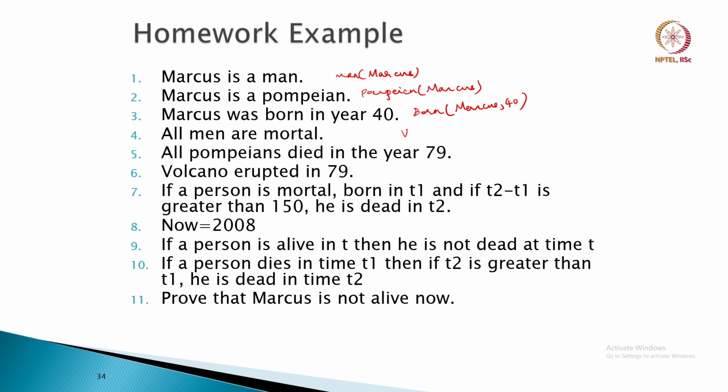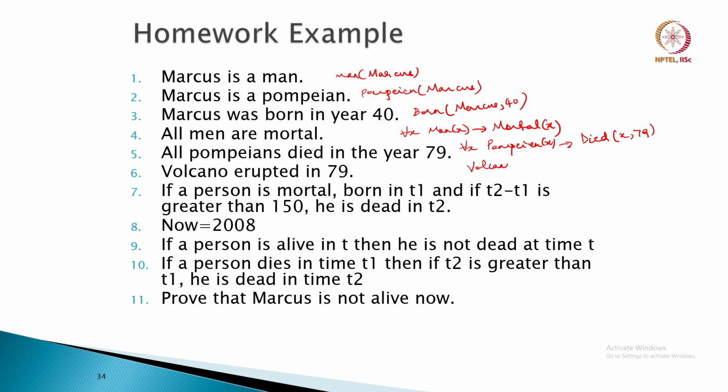All men, all X, man X implies mortal X. This one, all Pompeians died in the year 79: all X, Pompeian X implies died X in the year 79.